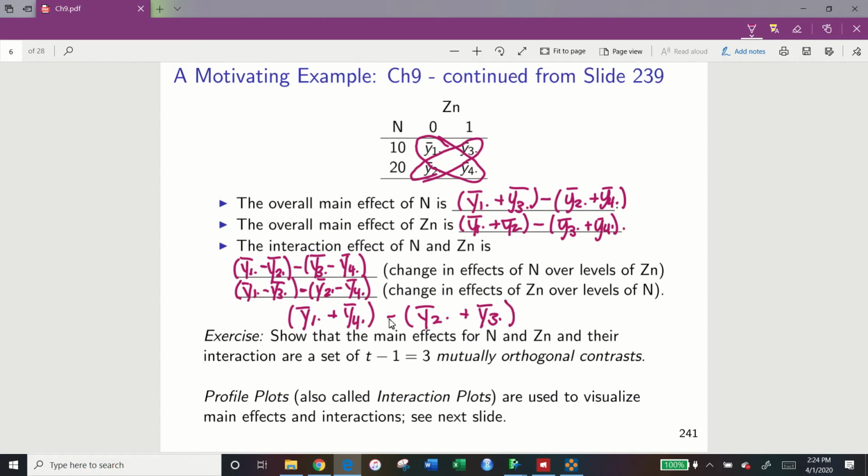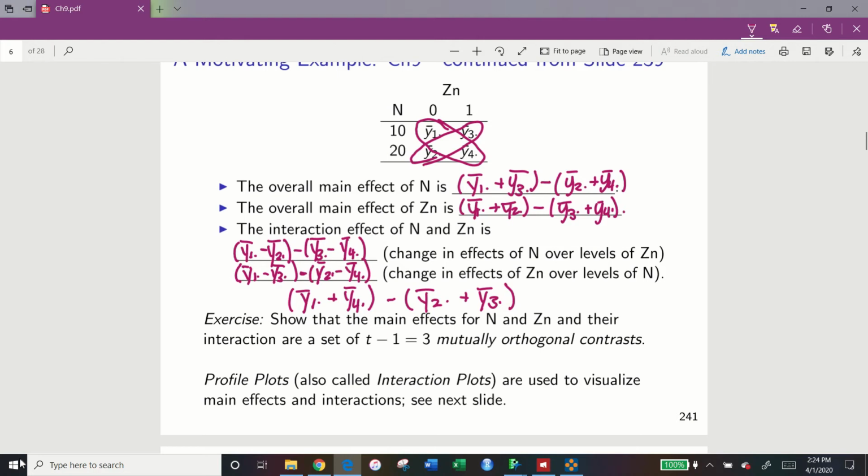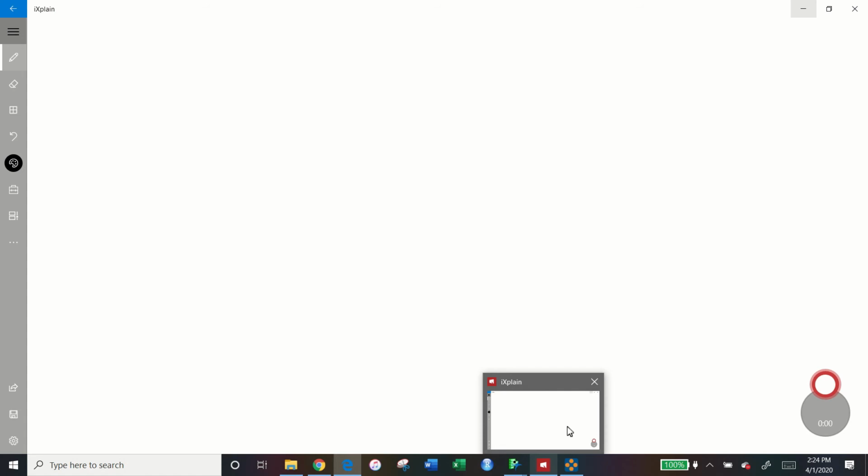So at this time, let's do an exercise to show that the main effects of nitrogen and zinc and their interaction are a set of T minus 1 equal to 3 mutually orthogonal contrasts. So let me pull up a blank slide.